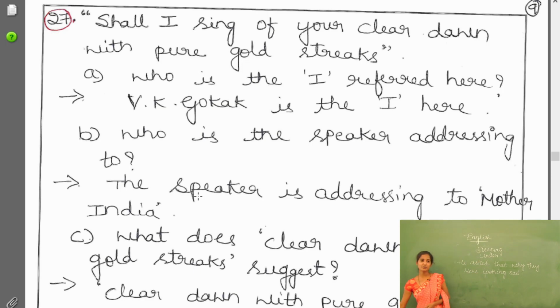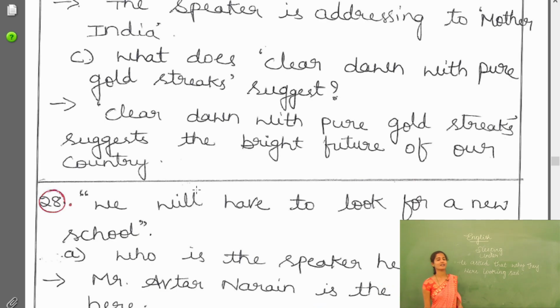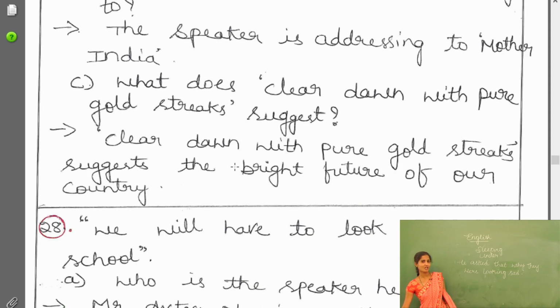Clear dawn with its pure gold streaks indicates there will be a bright future for our country. Clear dawn with pure gold streaks suggests the bright future of our country. So here Mother India assures at last that tomorrow it will be a clear dawn.